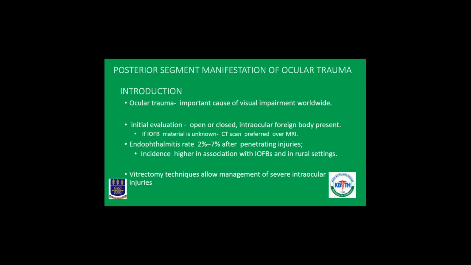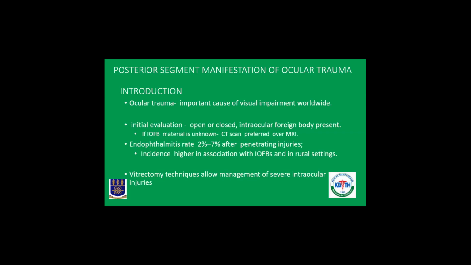The first chapter is on posterior segment manifestation of ocular trauma. Ocular trauma is an important cause of visual impairment, especially unilateral loss of vision worldwide. As a clinician, in your initial evaluation, you should decide whether you are dealing with an open or closed globe injury and whether there's an intraocular foreign body present.